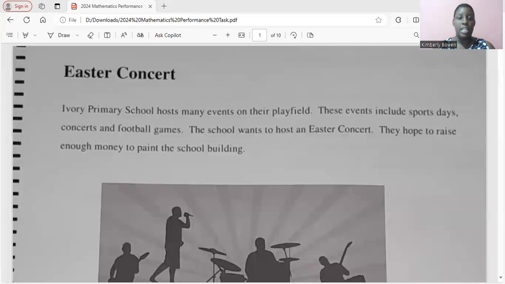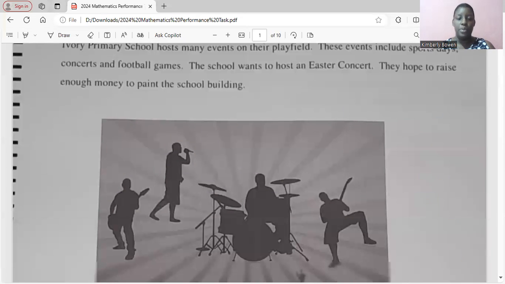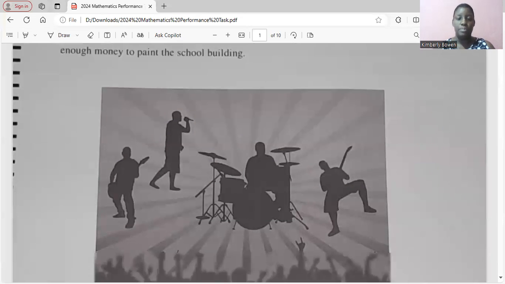So the instructions read, the title is Easter Concert, and the scenario is Ivory Primary School hosts many events on their playfield. These events include sports day, concert, and football games. The school wants to host an Easter concert. They hope to raise enough money to paint the school building. So we've seen a lot of these fundraising activities.